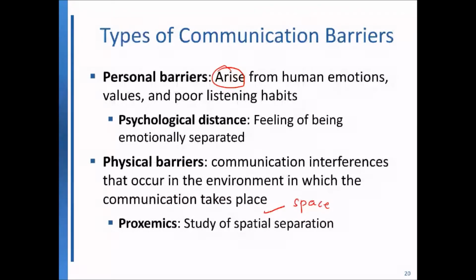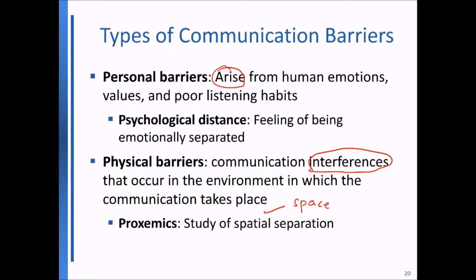So it is physical distance. Now, can you distinguish, can you differentiate personal barriers from physical barriers? For physical barriers, these are noise, or interferences or barriers that occur in the environment.